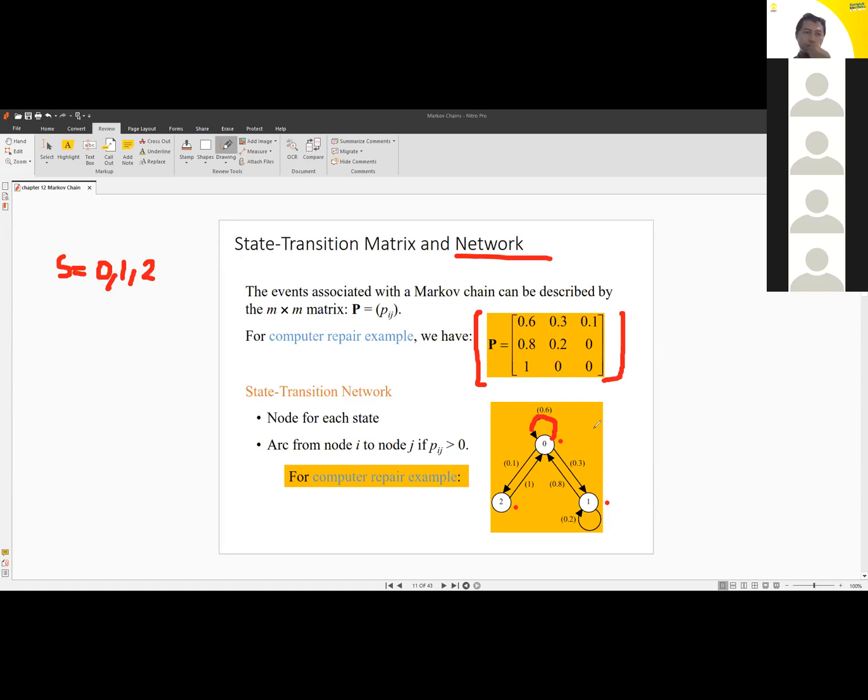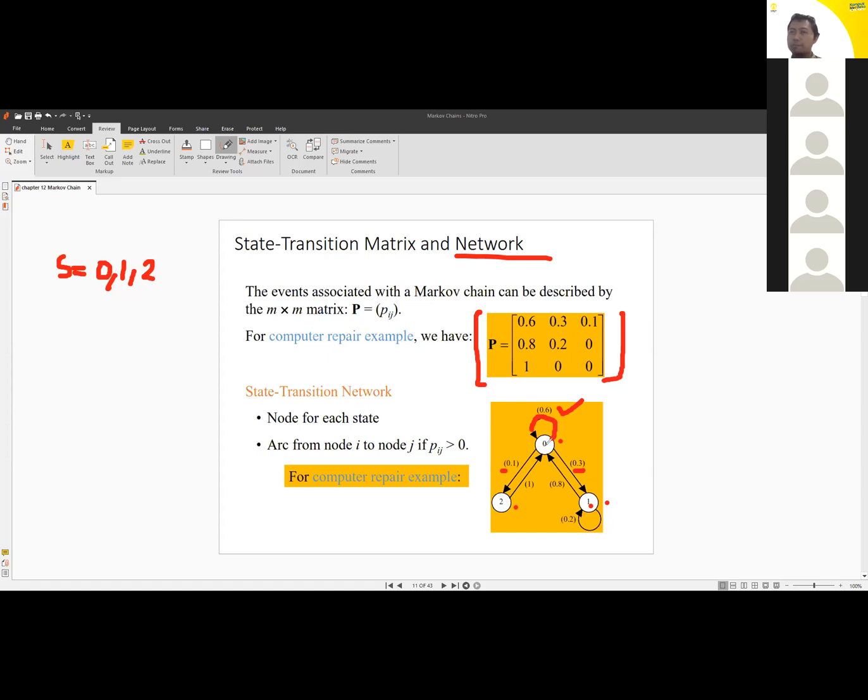The circle arrow represents that the current state will be equal to the next state with probability 0.6. And from current state 0, the next state becomes 1 with probability 0.3. If the next state becomes 2, the probability is 0.1.